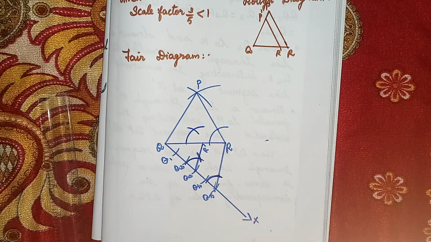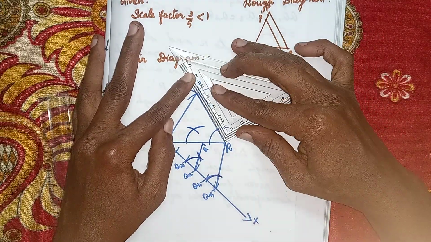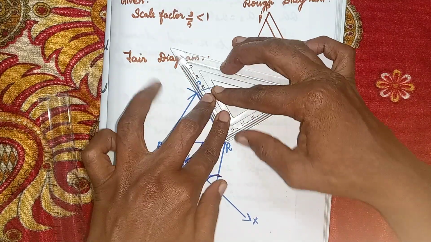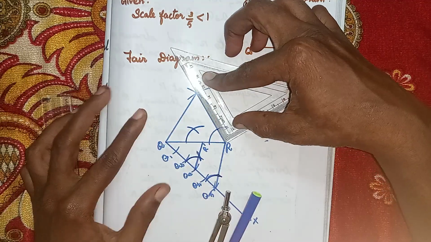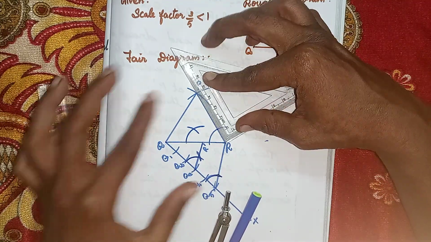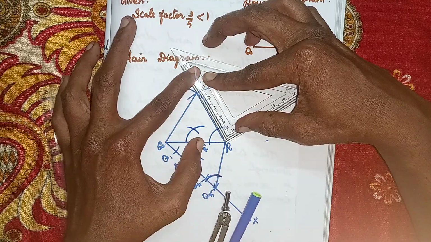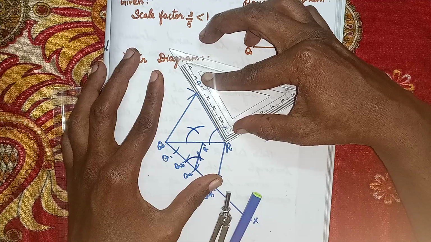Clear? Now students, you want to take the set square. The set square should join this line. You want to touch this line properly. Slowly, slowly, move it to the point R dash and this arc.